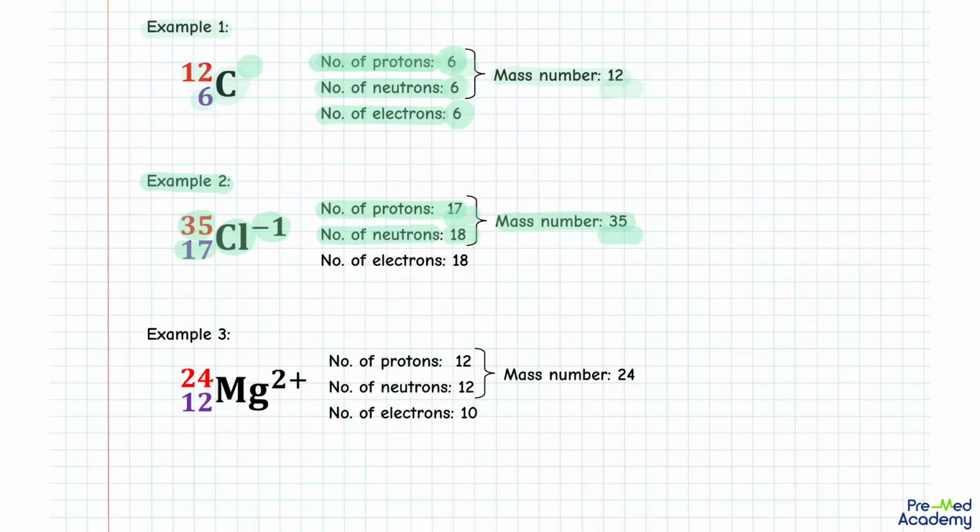Why is that? Because electrons are negative particles, and if we add another electron, the charge of the whole atom will become more negative. Therefore, instead of the 17 electrons we would expect to find in a neutral chlorine atom, same as the number of protons in chlorine, here we have 18 electrons, that is, one more electron.